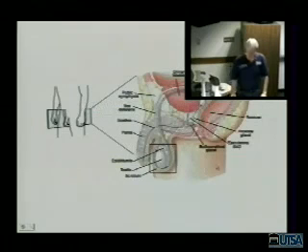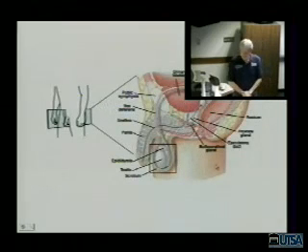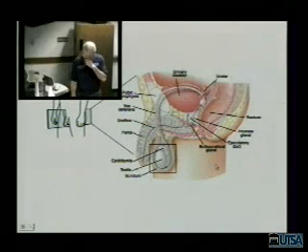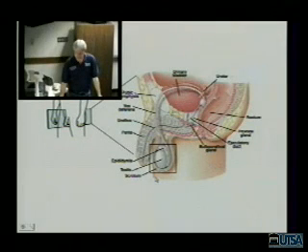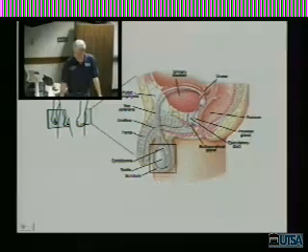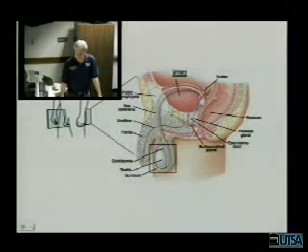So we begin with the image of the male reproductive system. This is a mid-sagittal section through the pelvic region of a male.